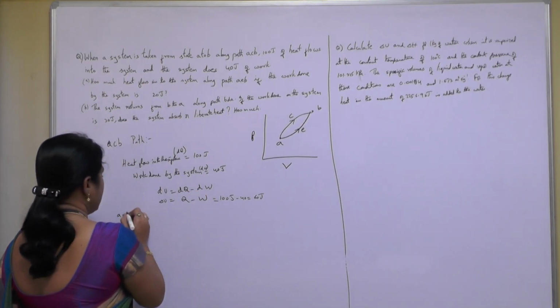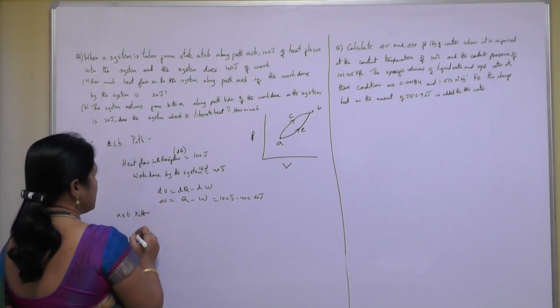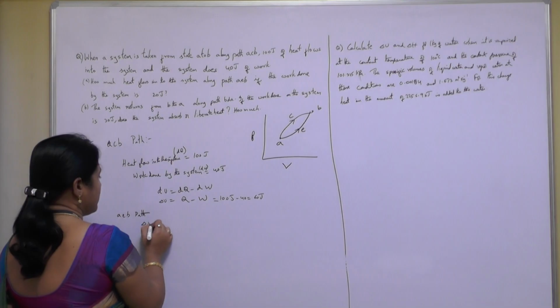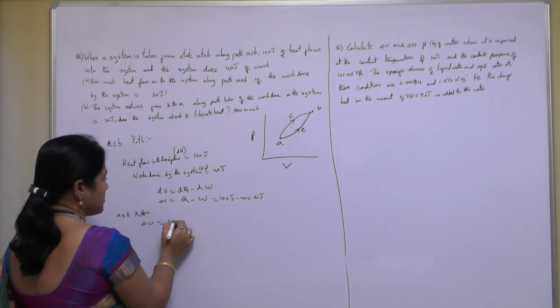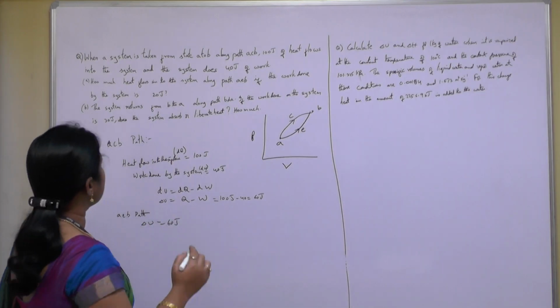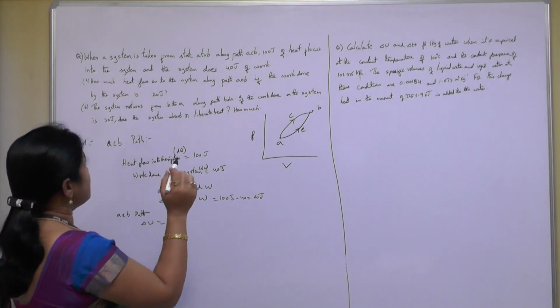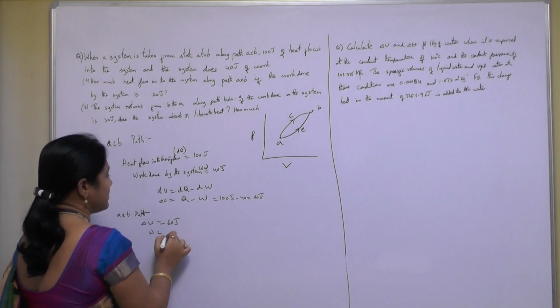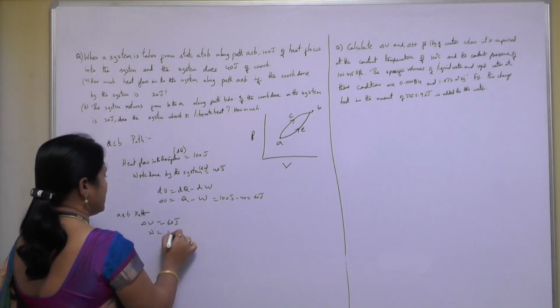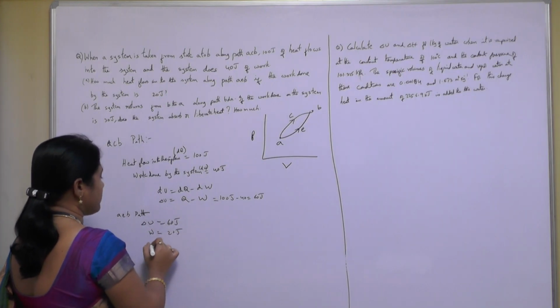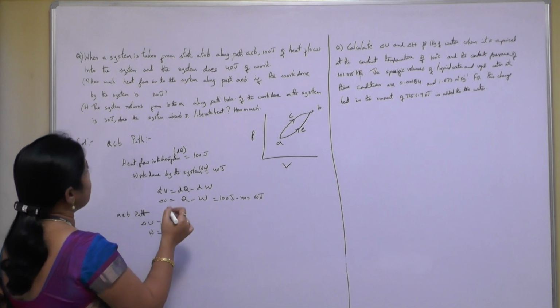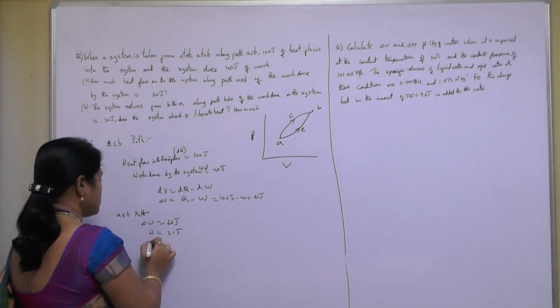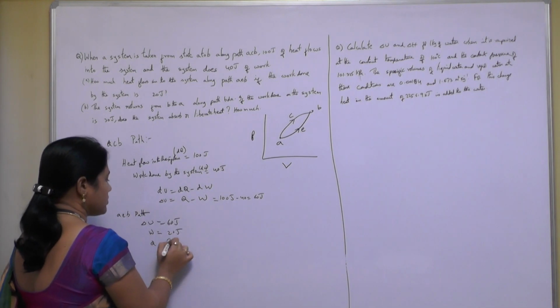So for the AEB path, delta U is the same, 60 joules, and the work done by the system is given. Work done by the system is 20 joules, and we have to find out the heat flowing into the system. So Q equals how much?